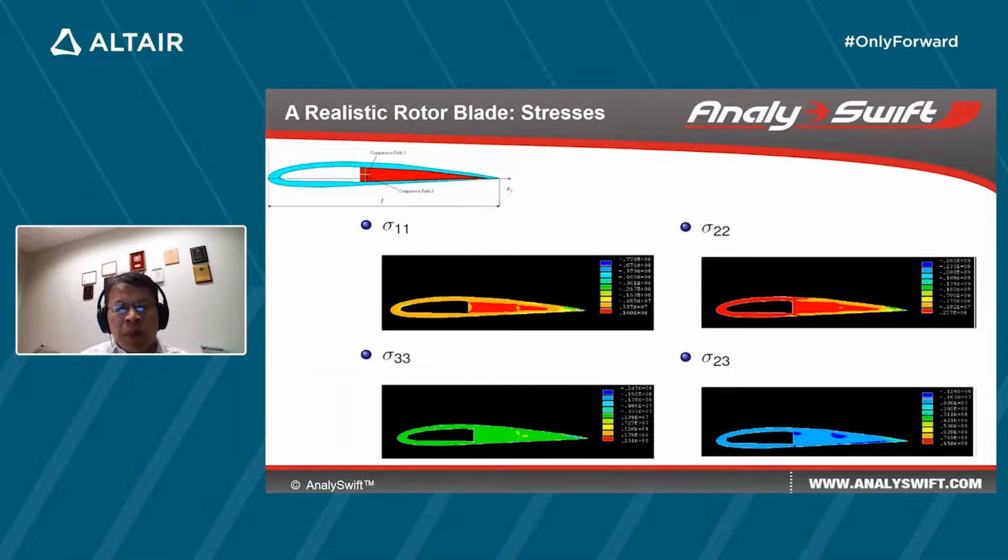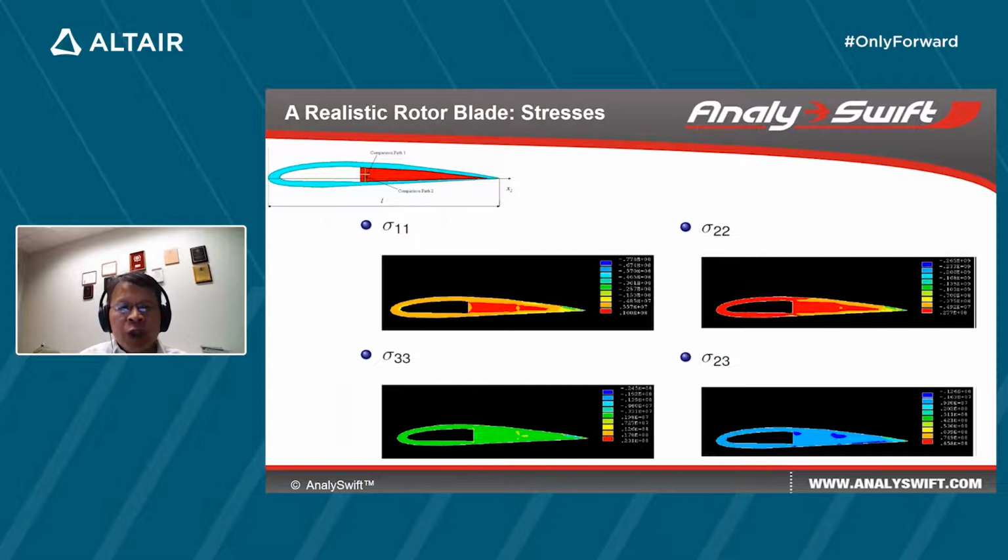If you use VABS, we only need to carry out a two-dimensional cross-section analysis, and we can get all the stress distributions for a particular cross-section you are interested in, and we can easily identify the hot spots of the cross-section.